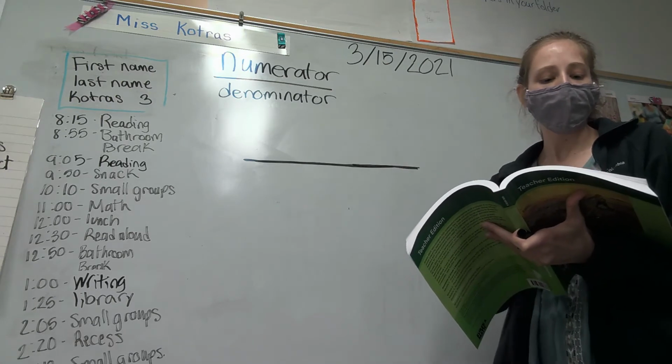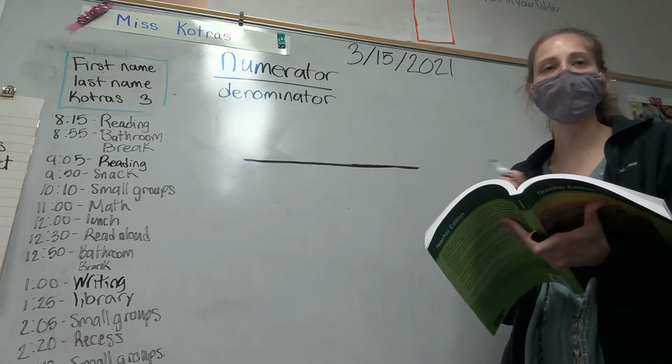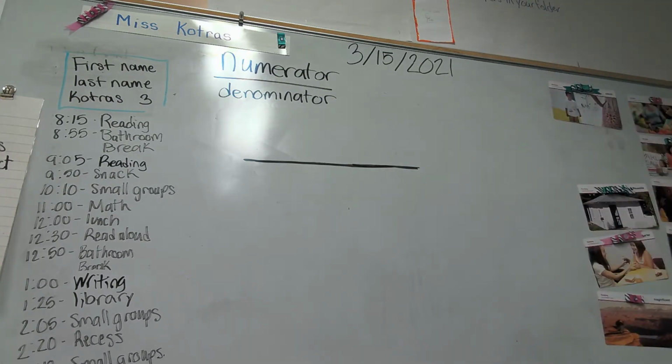It says, the black line is the same length as 9 concrete slabs. How can you draw that? It's the same length as 9 concrete slabs. Oh, I see some people starting to think of what they can do. I see some number lines starting. Ooh, nice job.